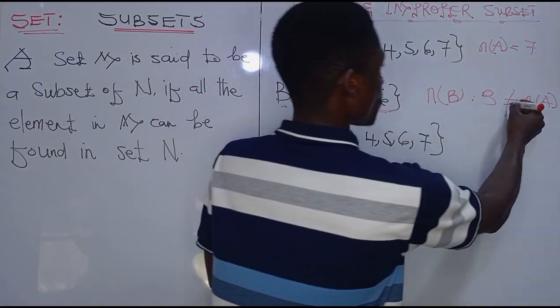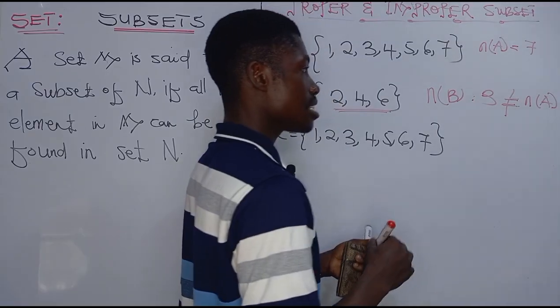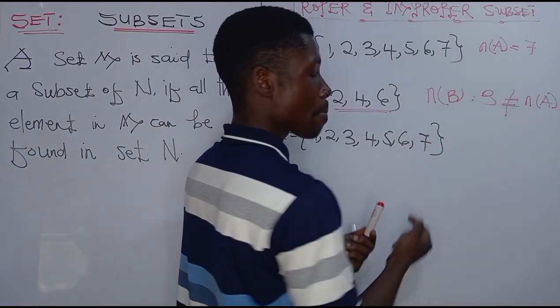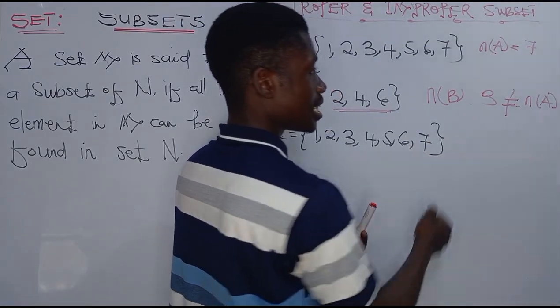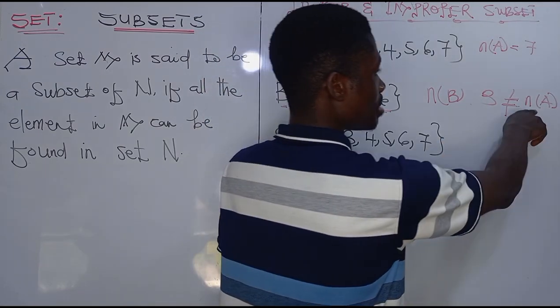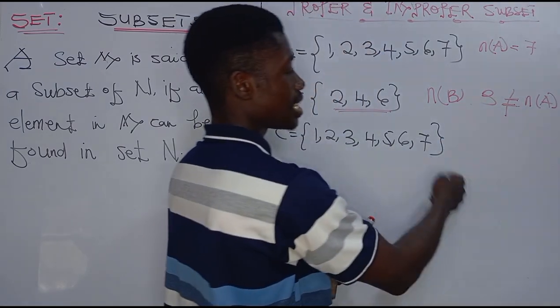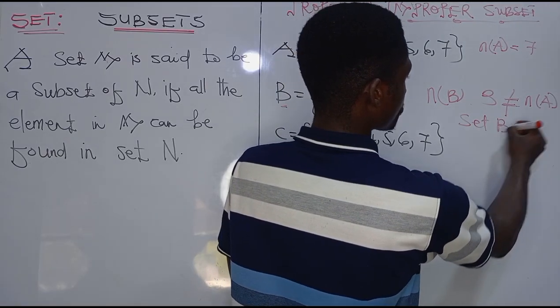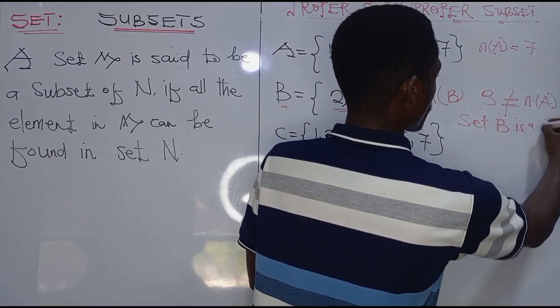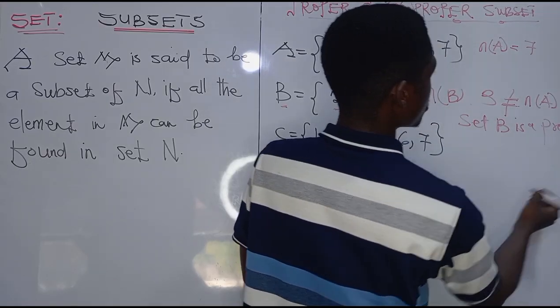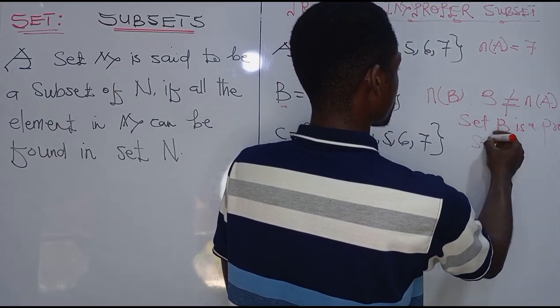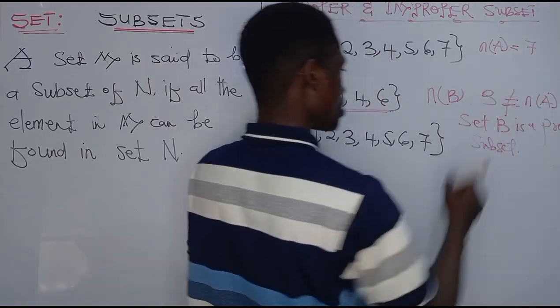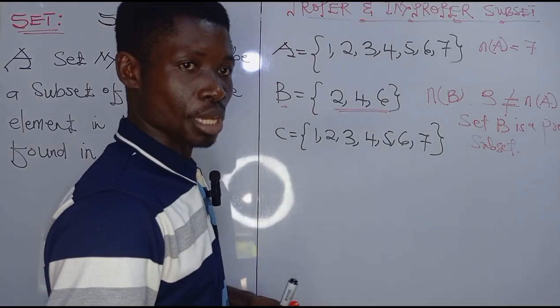So that's what I've written here. Since the number of elements in B, which is 3, is not equal to the number of elements in set A, then we can say that set B is a proper subset. Good. That is a proper subset.